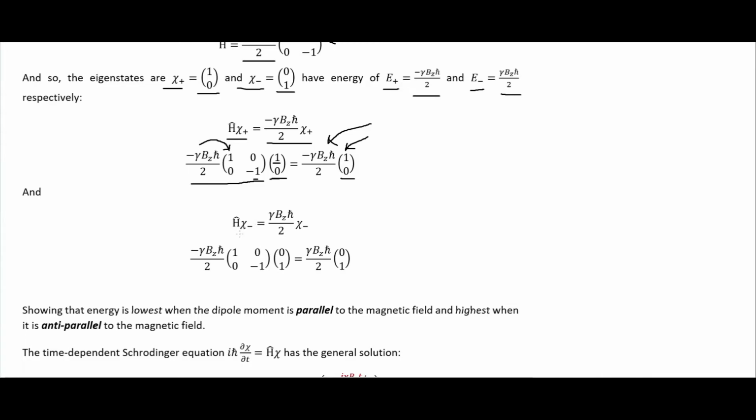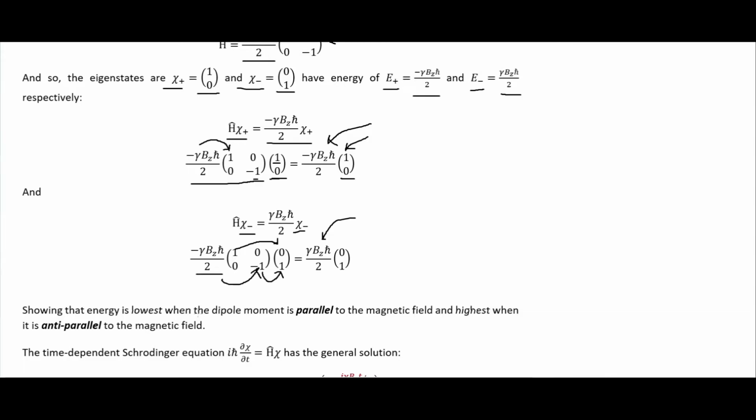And so then if we do it for our chi minus here, which is our spin down, then we have this right here, which is negative getting distributed into here. This 1 will just get multiplied by that 0. This will get multiplied by that 1, and so we have a negative times a negative here, so that makes it positive, and so then we have this.